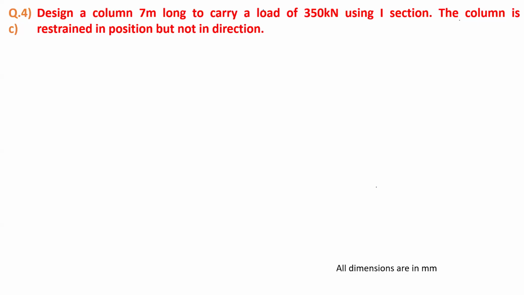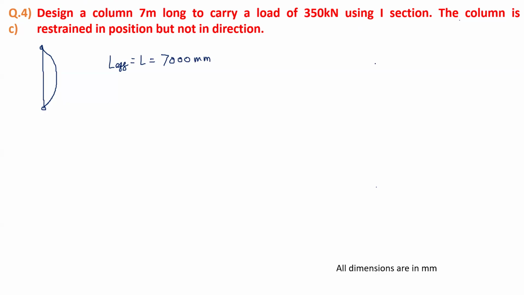Then we have the next question: design a column 7 meter long to carry a load of 350 kilonewton using I section. The column is restrained in position but not in direction at both ends if not mentioned. That means this is a pinned column, and for pinned we have L effective equal to L, which is equal to 7000 millimeter.